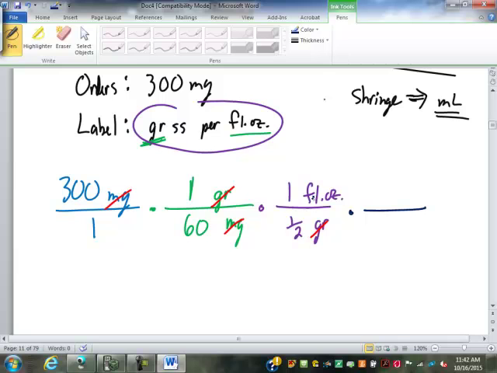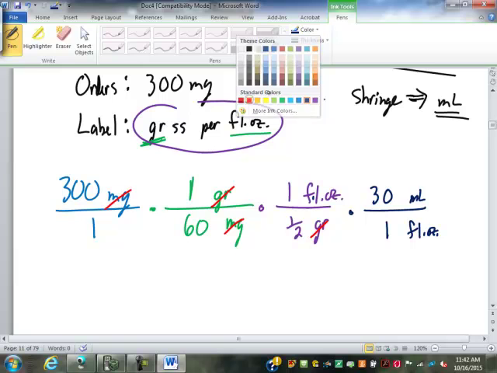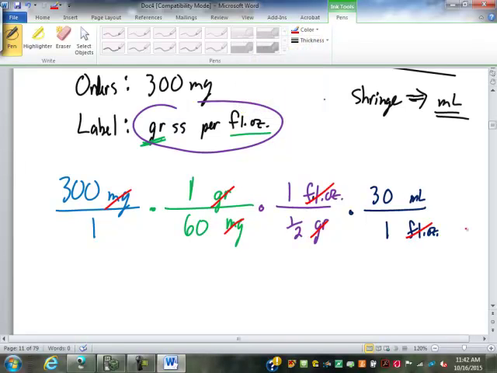We don't want to give the dosage in fluid ounces. We want it in milliliters. Both of those are units of capacity, so we can convert between them. 1 fluid ounce is approximately 30 milliliters. Depending on where you look, it's either 30 or 29.9. We're going to use 30 because it's easier.